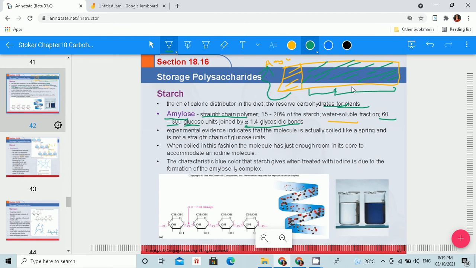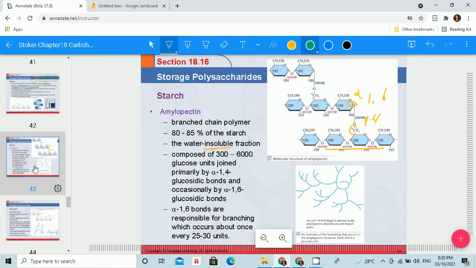If the whole thing is your starch, amylose is 15% to 20% of it, and it is water soluble, and it is a straight chain. However, the 80 to 85% is your amylopectin. It is water insoluble, and it has alpha 1,4 glycosidic bonds.